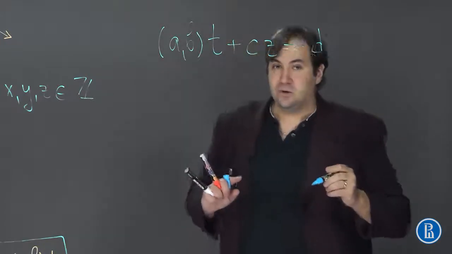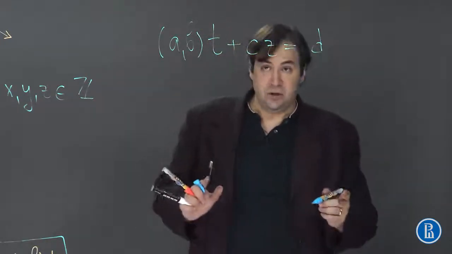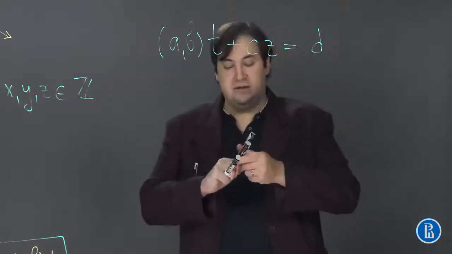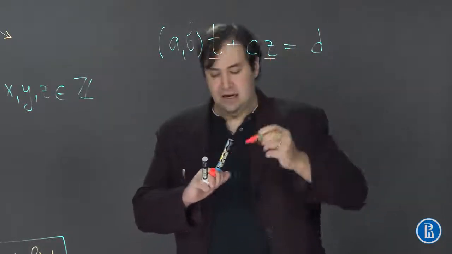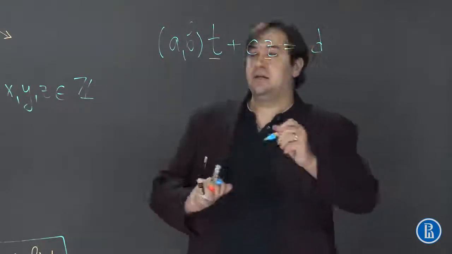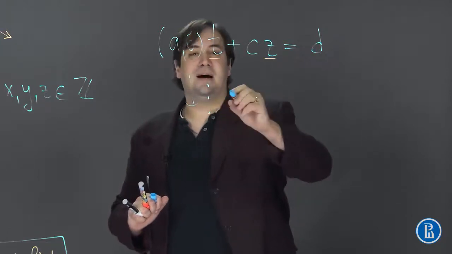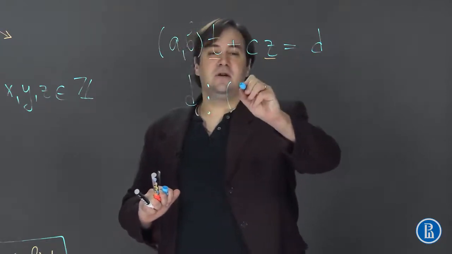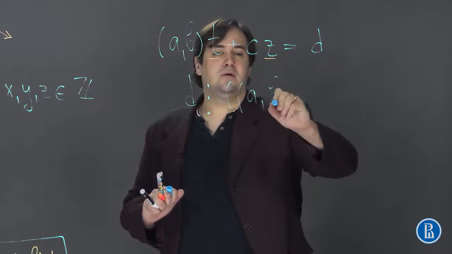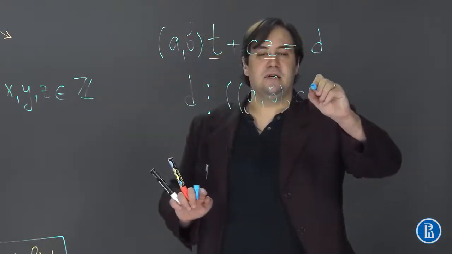And in order for this equation to have an integer solution, well, its unknowns are t and z. So in order for t and z to exist, d should be divisible by the greatest common divisor of the first coefficient and the second coefficient.